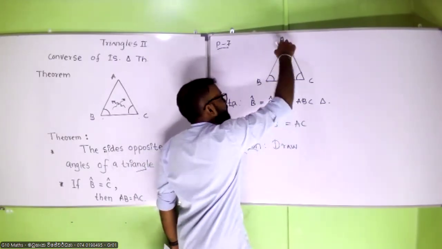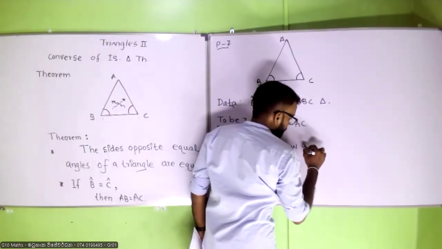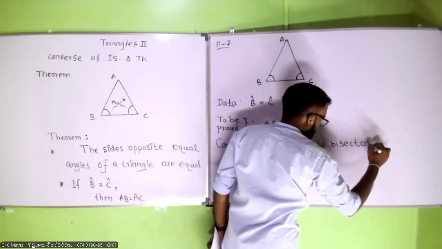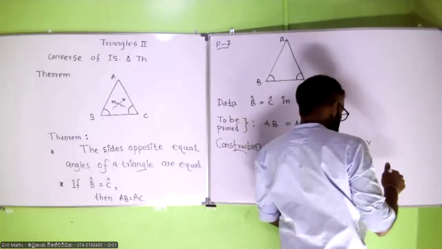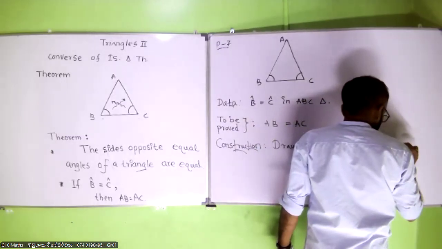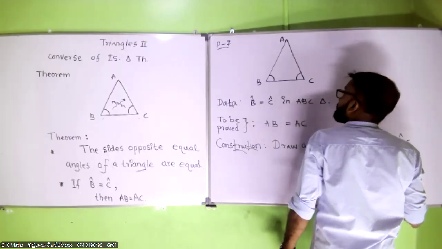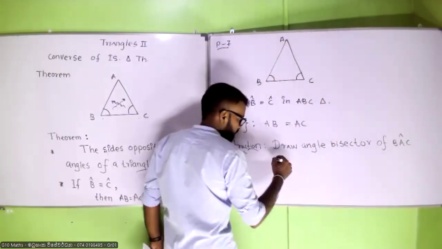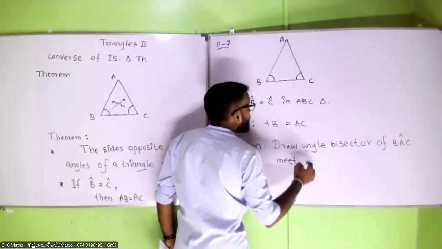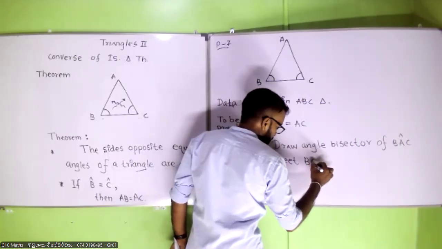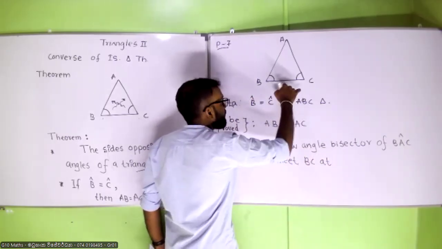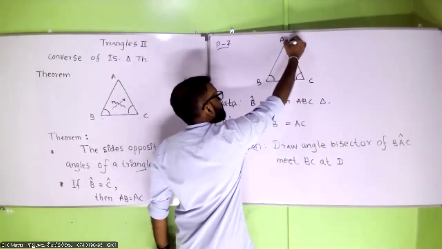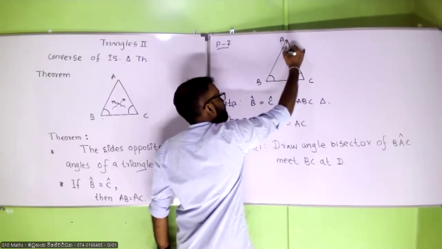Angle bisector of BAC meets BC at D. ABC, D is the point where the angle bisector meets.